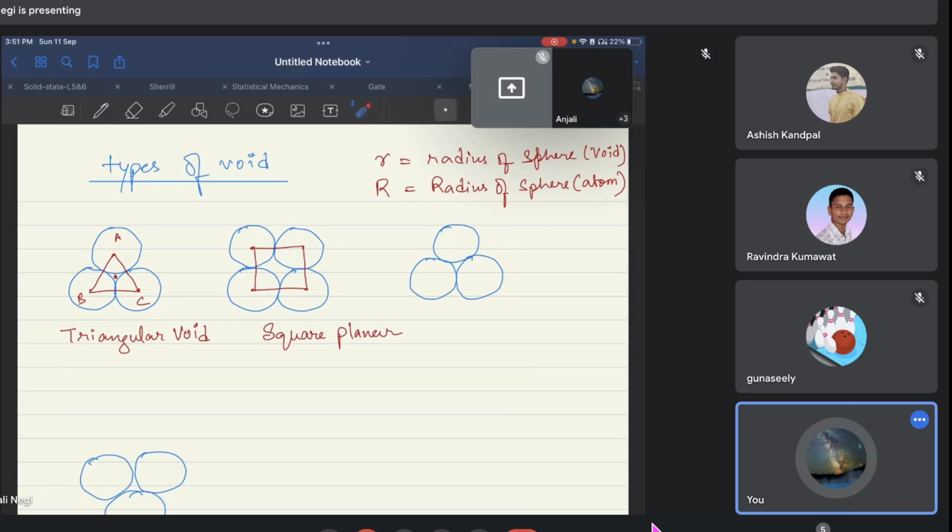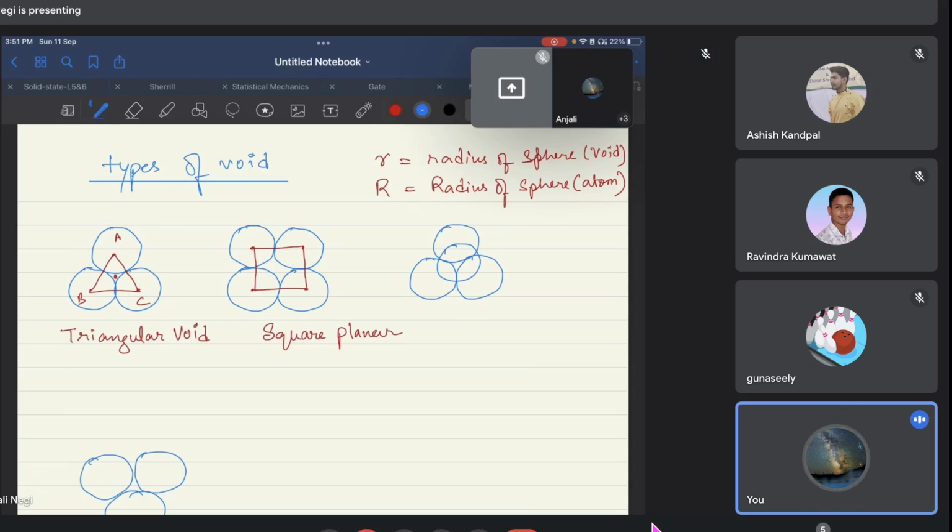So I haven't drawn this one yet. Yes, Ravindra, this is the one where I will draw another atom on top of the 3. So now there are 4 atoms, but the fourth one is on top of the 3.